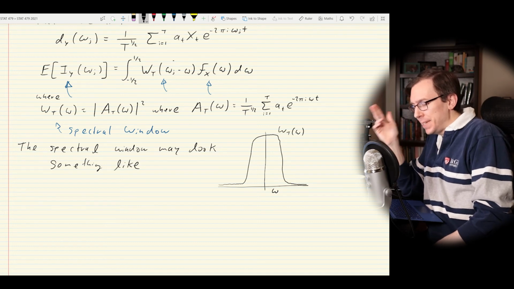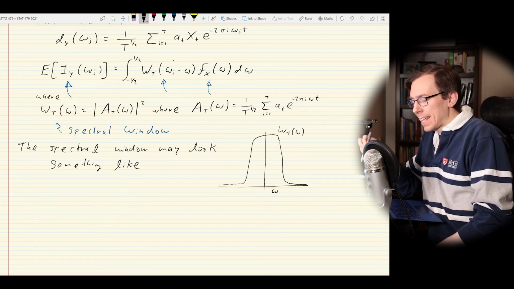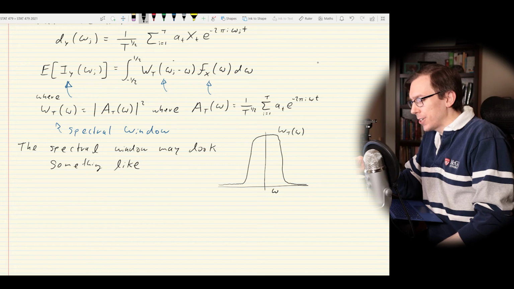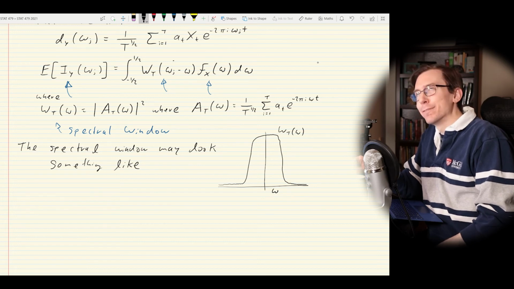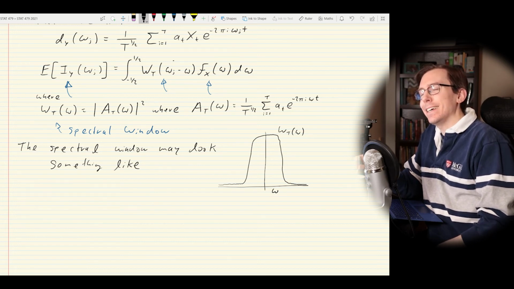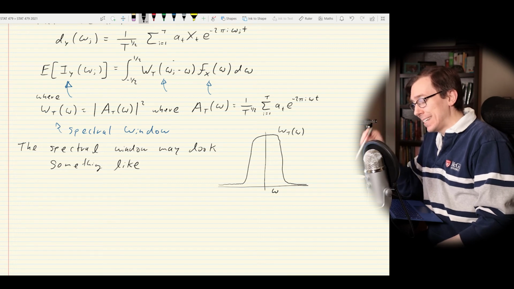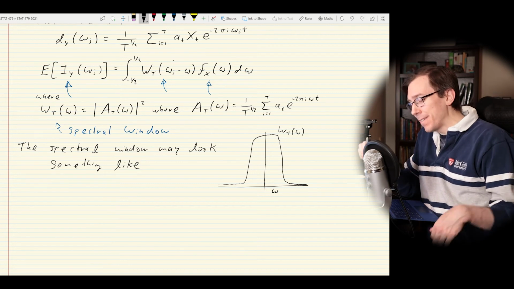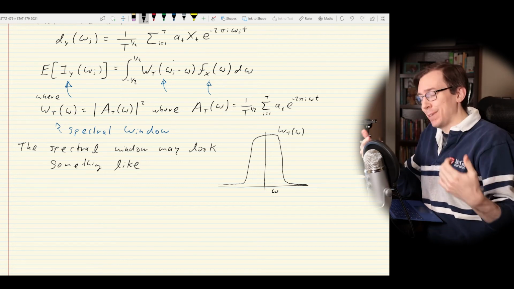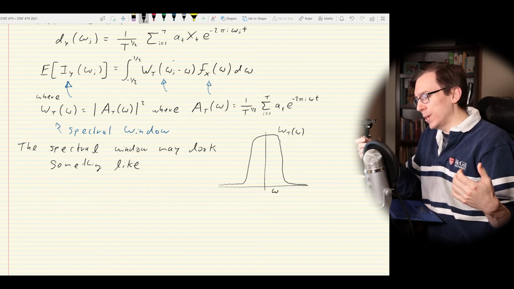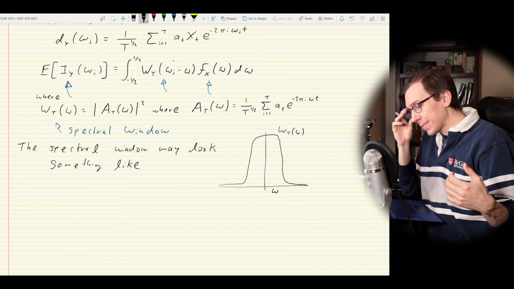And what it means is that our periodogram for Y is taking a range of frequencies and averaging the spectral density for X over that range of frequencies. So it is very similar in a sense to what we already did before.